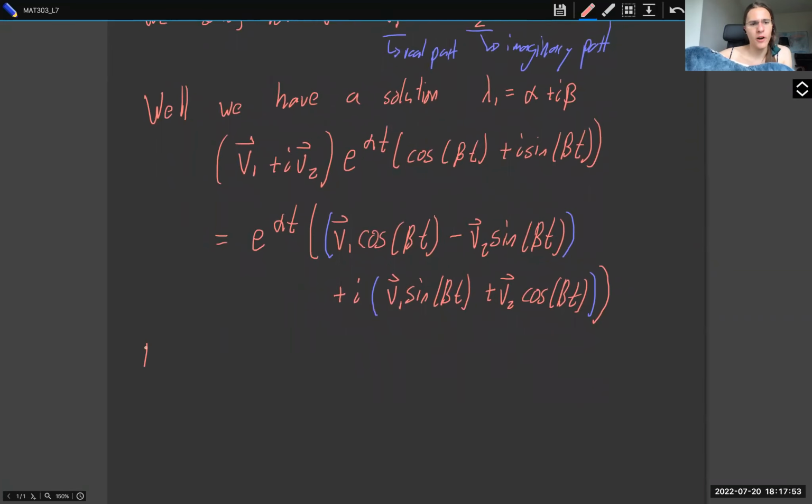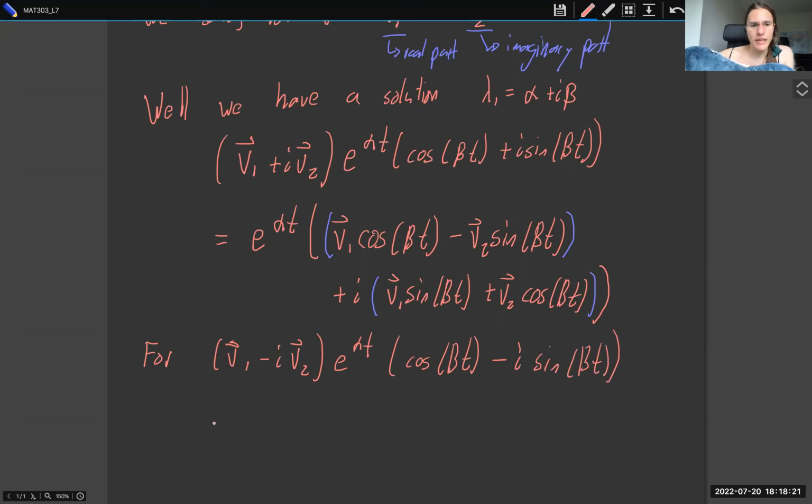So for V1 minus i V2 times e to the alpha t, cosine beta t minus, because it's now the complex conjugate roots, sine of beta t, what happens is that only the cross terms change sign.